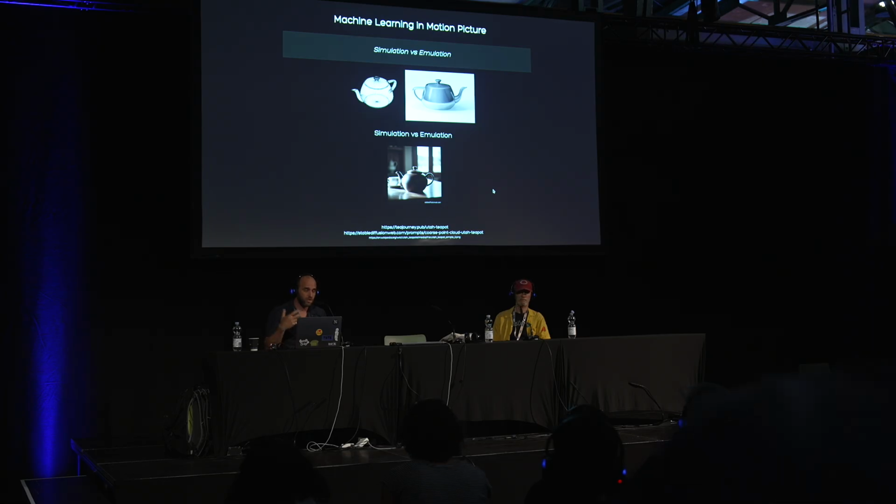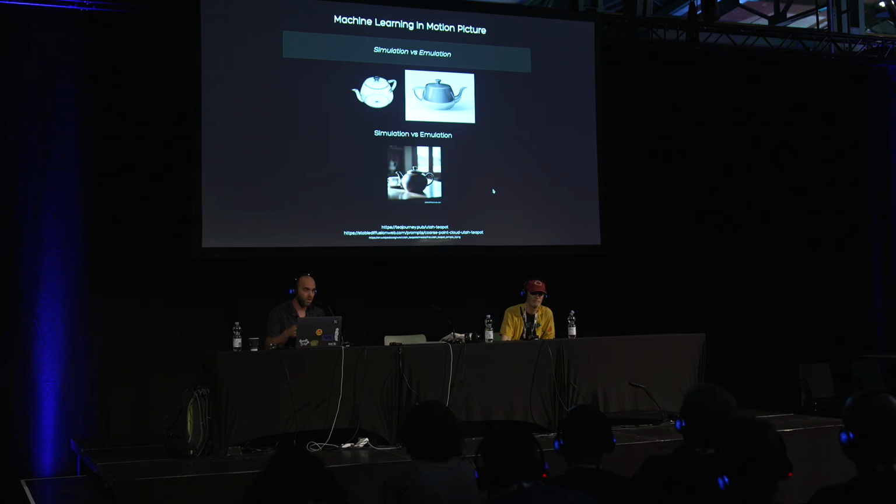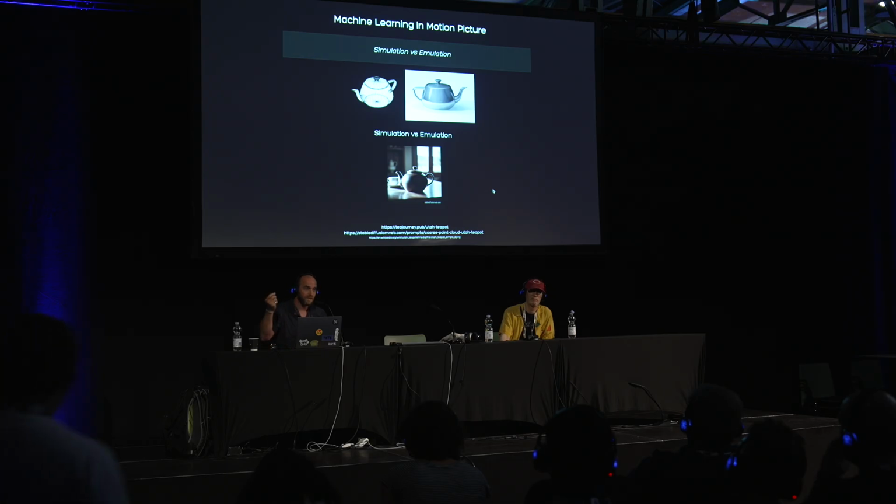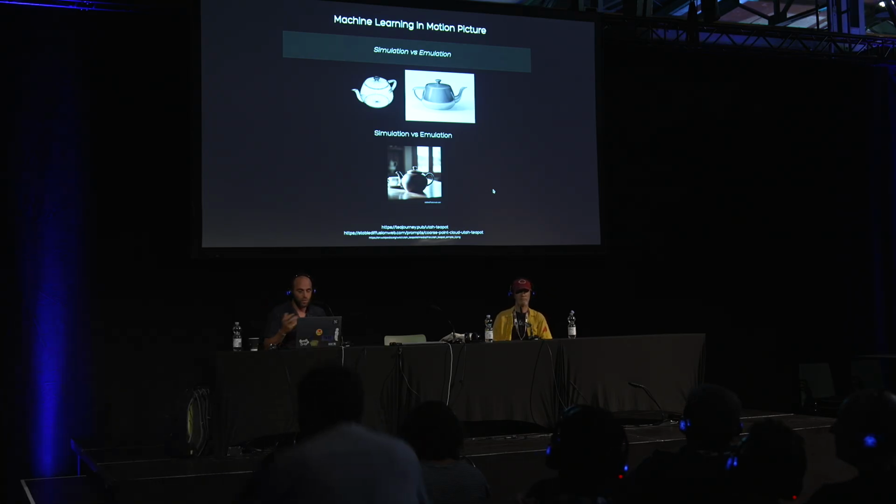Or when we talk about image generation, if you want to render a teapot, the Utah teapot, you could build a model of the world explicitly by adding polygons into a simulated world, putting in simulated light sources and a simulated camera, and then you can run a ray tracing algorithm which simulates how the light would interact with the objects, and which of those photons are captured by the camera.